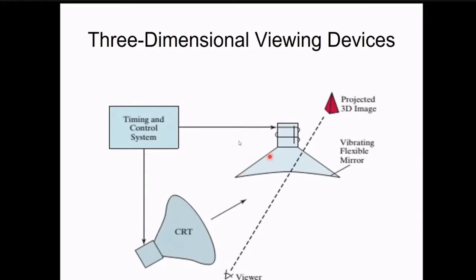So you need to know the concept of larger and shorter focal length. Basically this vibrating flexible mirror will change the perception of the projected 3D image by changing the focal length. Based on the viewer's direction, it will change this focal length, and you'll be able to see the depth of the image.